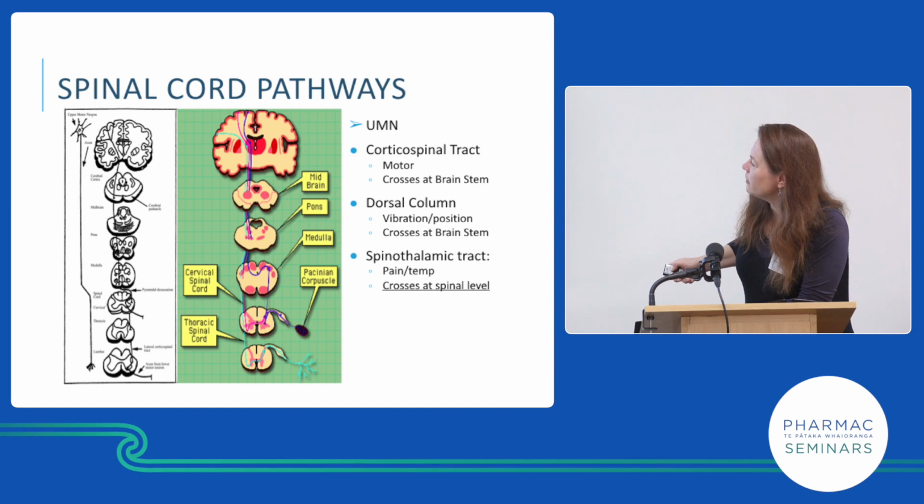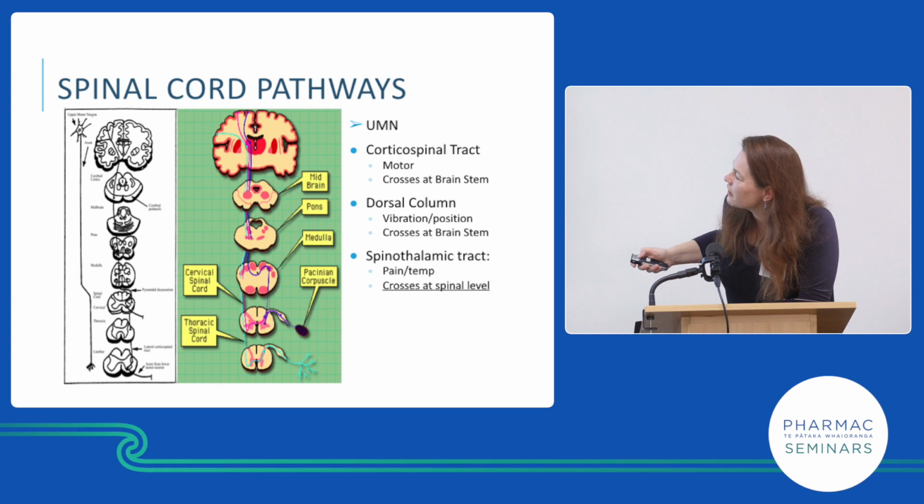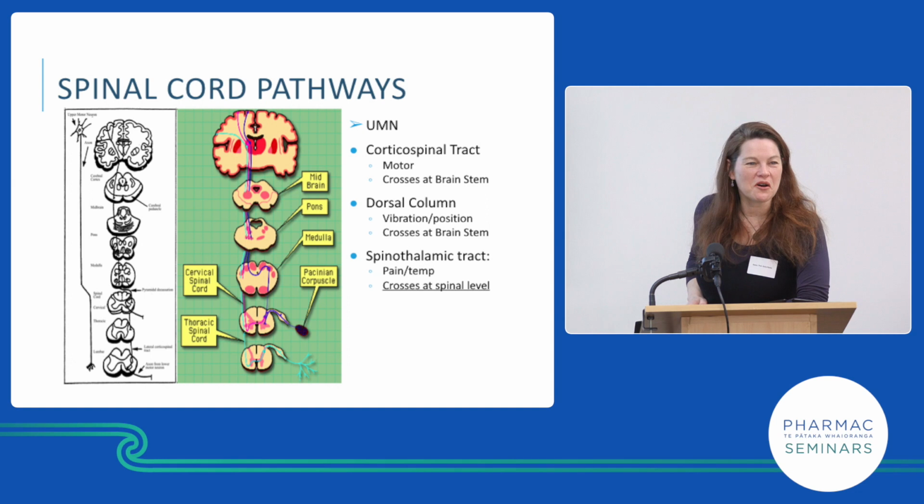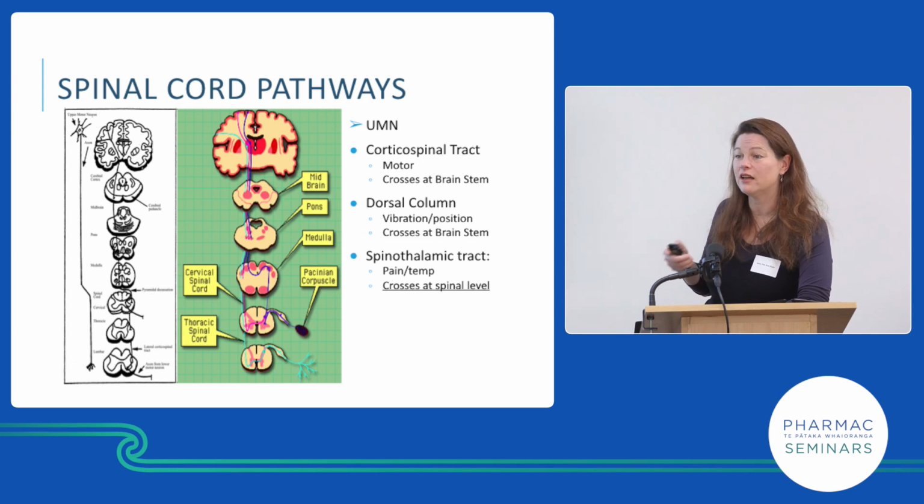This must still be brainstem. Oh, cervical cord, yeah. Sorry, it's not a very good picture, is it? But the bottom line is the corticospinal tract and the dorsal column both cross at the level of the brainstem. The spinothalamic tract crosses at the level of the spine.